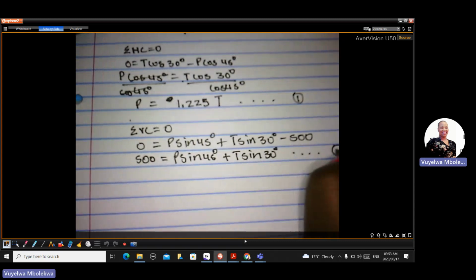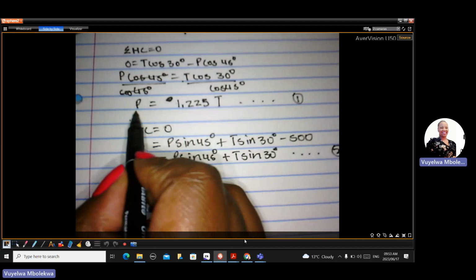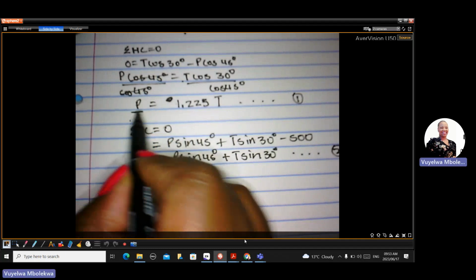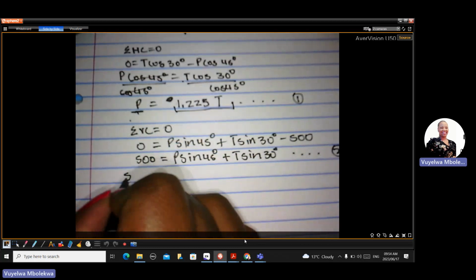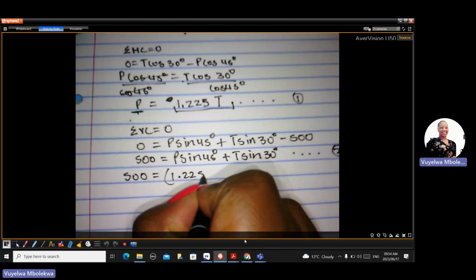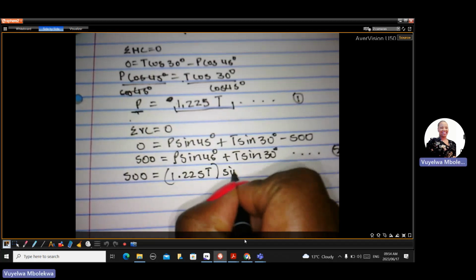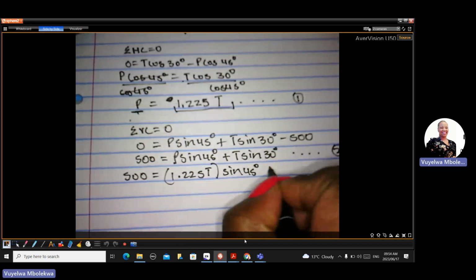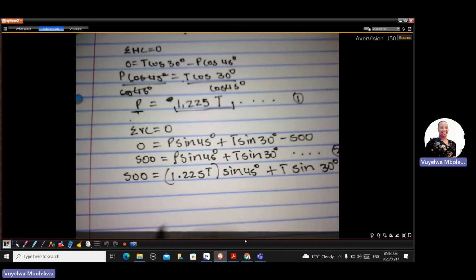That can be equation 2. So the next step, we can substitute P. We substitute this expression where we have P. So 500 equals 1.225T, that is for P, times sin 45 plus T sin 30.